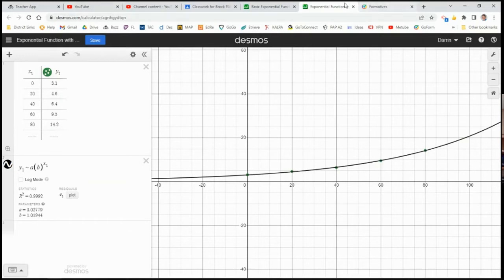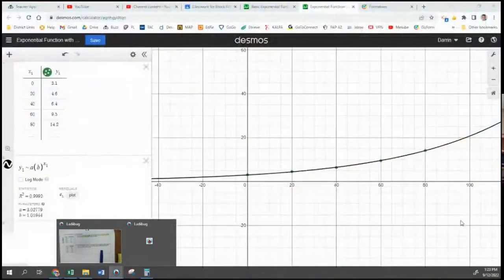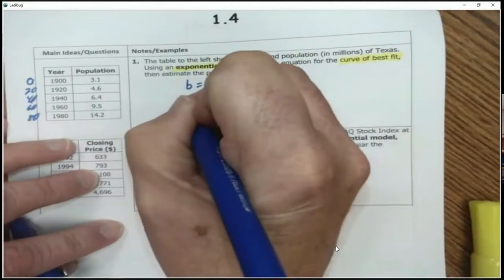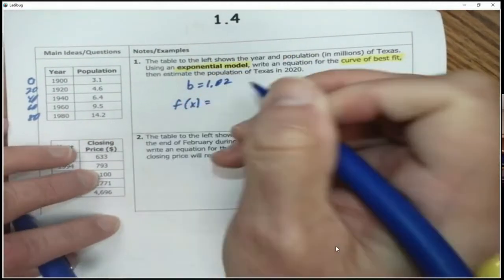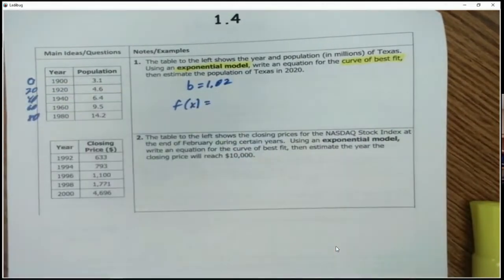All right, so let's go back to look at this now. We found our b. So let's write our equation. f of x equals, we know the starting amount is 3.1. I know it had a slightly different starting amount for that line of best fit.